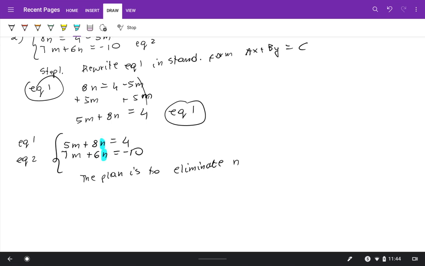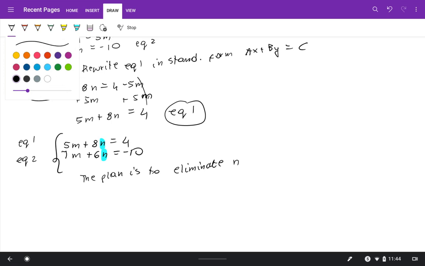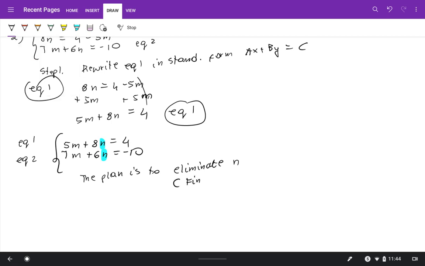So I need to create the opposites in front of n. Since you have 8 and 6, you want to find the least common multiple of 8 and 6. Technically, find the number which both 8 and 6 can divide. So the least common multiple of 8 and 6 is 24. So 24 can be divided by 8 and 24 can be divided by 6.